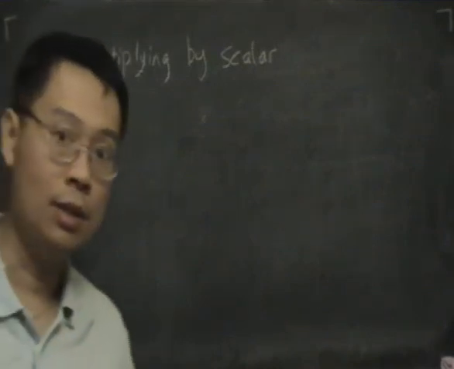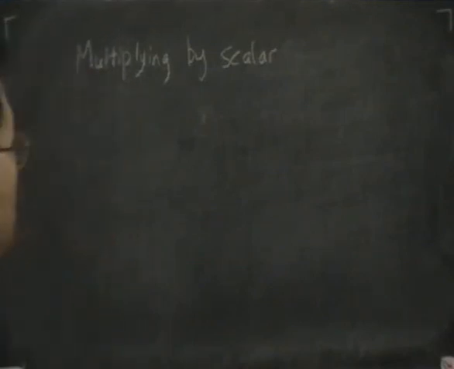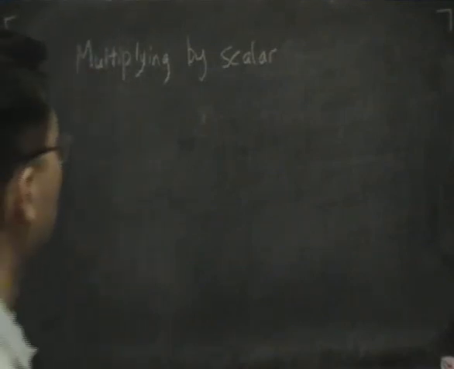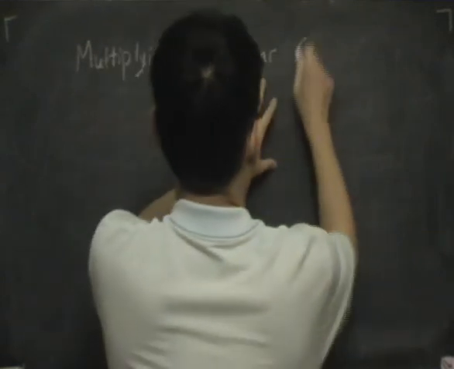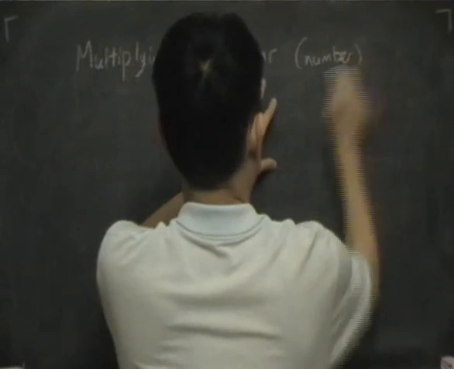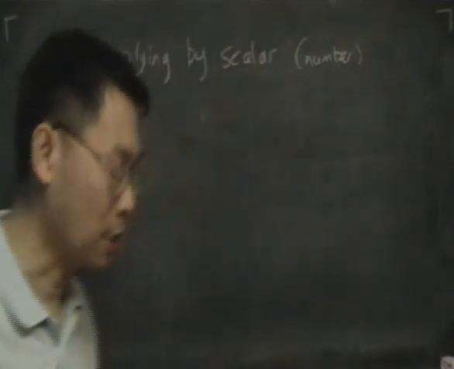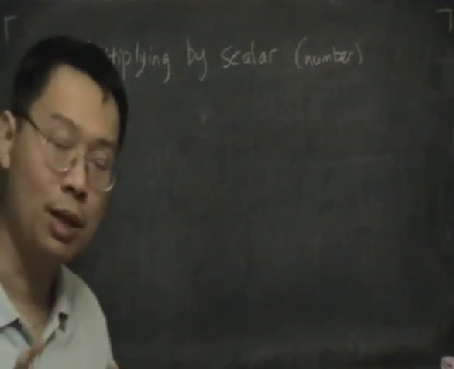Now, scalar just means a number that has no direction. So if you are confused by this term, just think about it as a simple number. Okay, number only, no directions. So this is about multiplying a vector by a number.